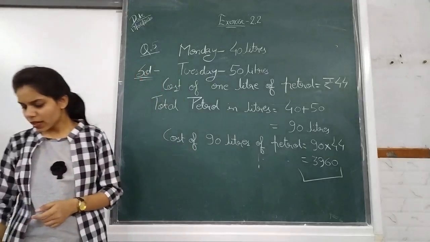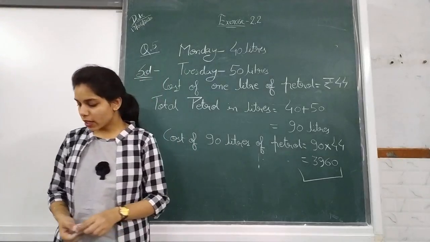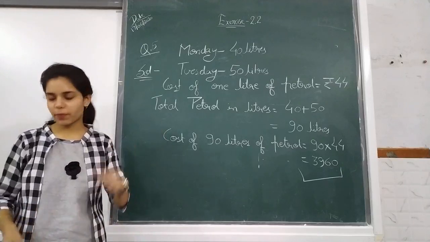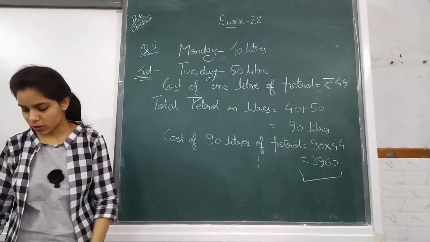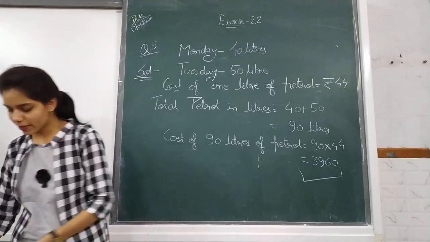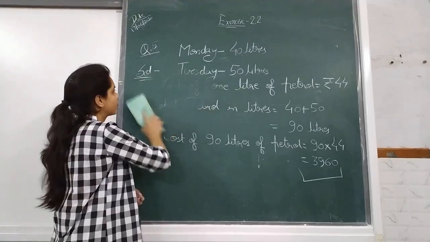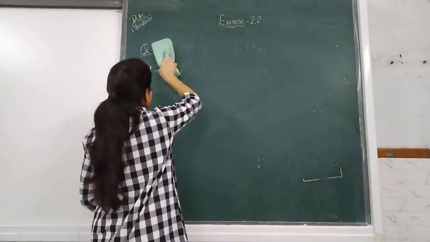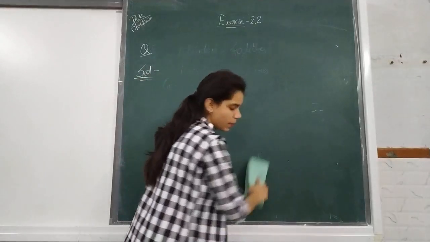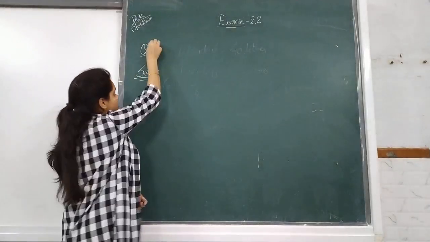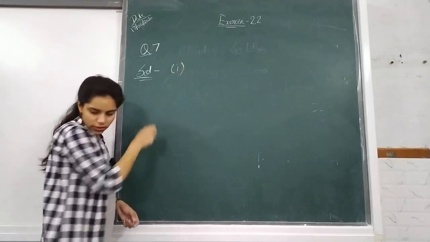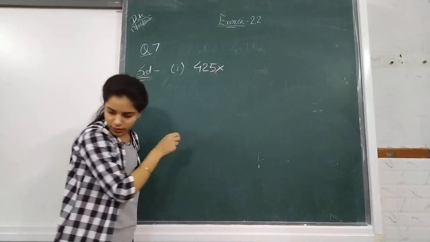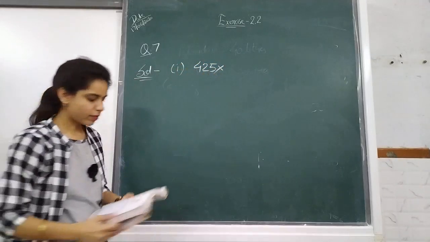Okay. Now the next question is match the following. So I already explained to you how to find out the properties of the whole numbers. Okay. So in the first, 425 into 136. I'll solve this. Question number 7. Its first question is 425 into 136.